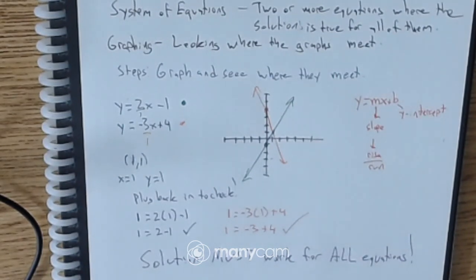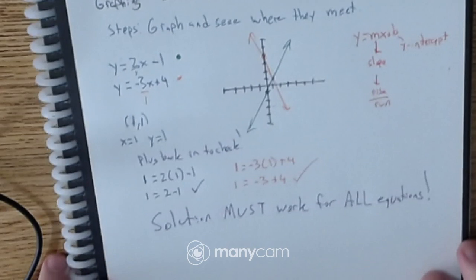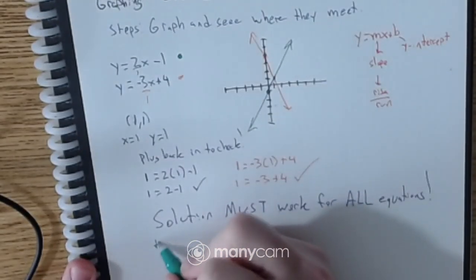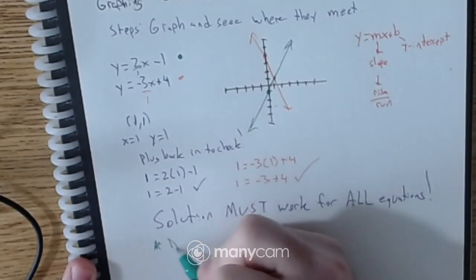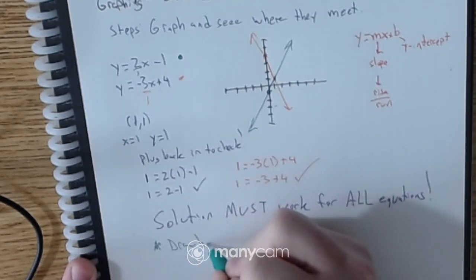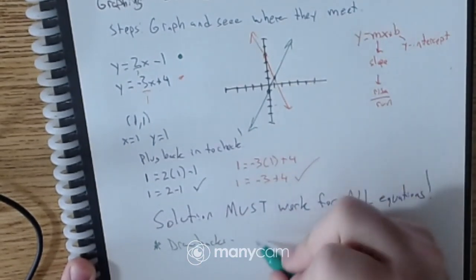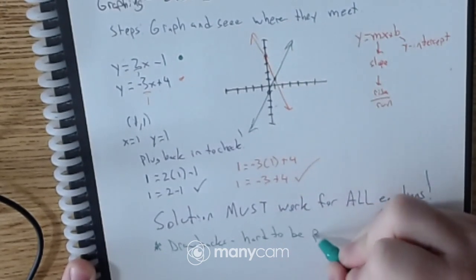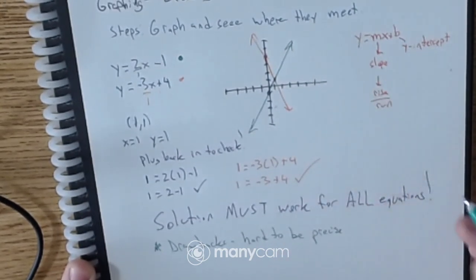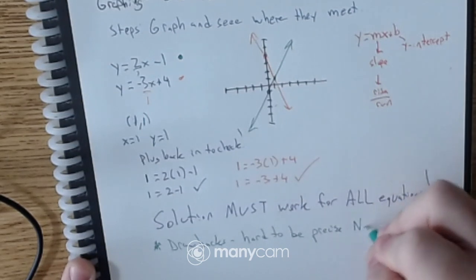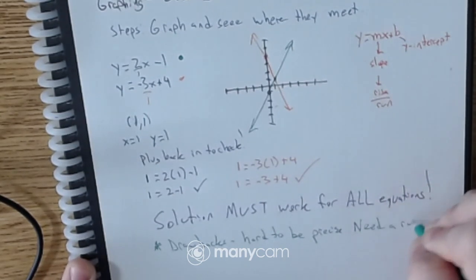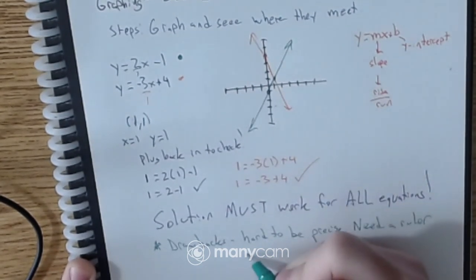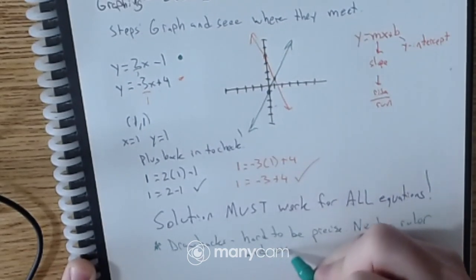Let me just note before I forget, the drawbacks: it's hard to be precise. You need a ruler and an even graph.